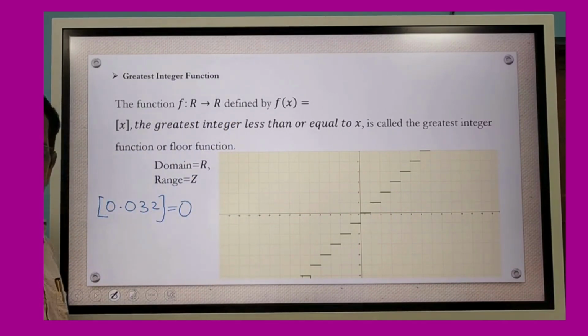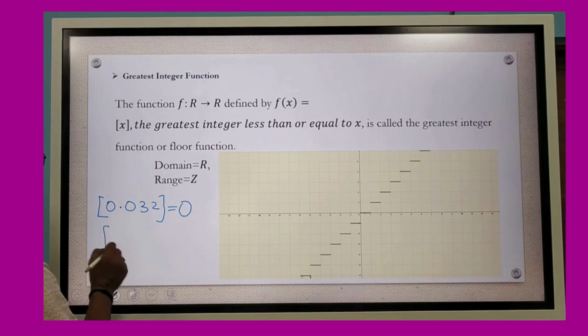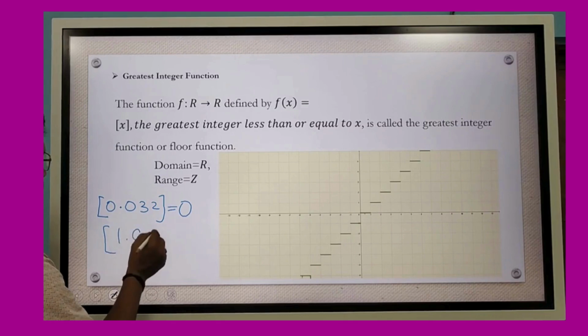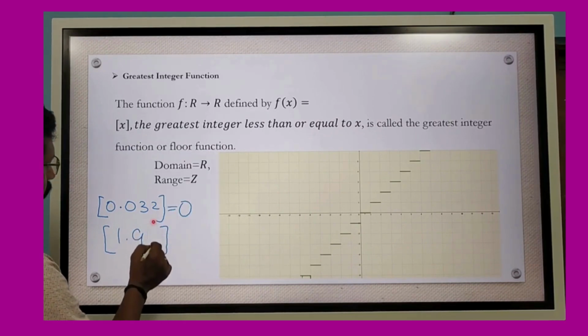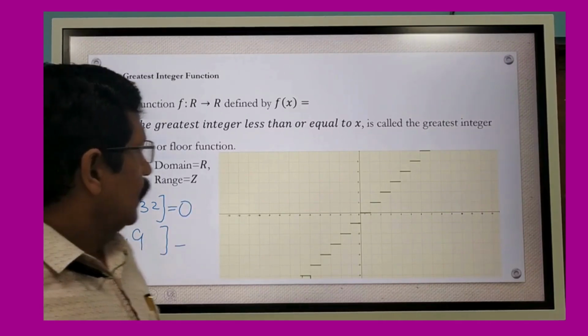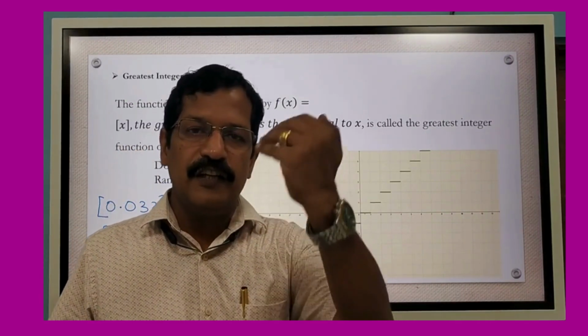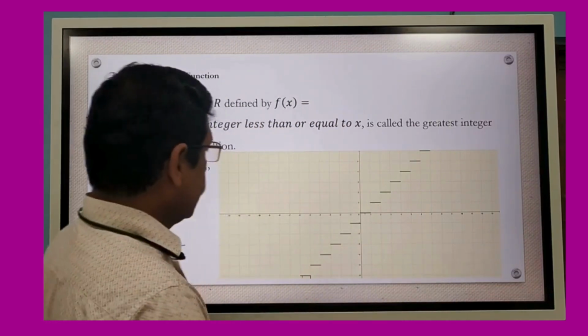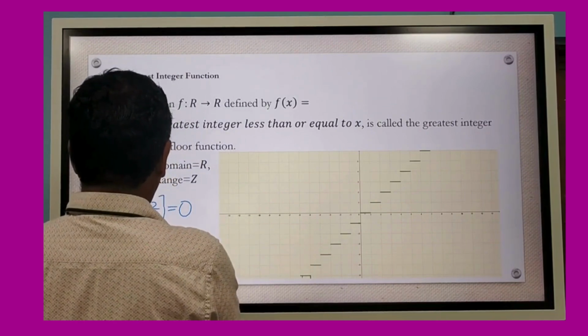So this is equal to 0. Now greatest integer function of 1.999 is equal to the greatest integer less than or equal to 1.999, and that is 1 only. Is equal to 1.